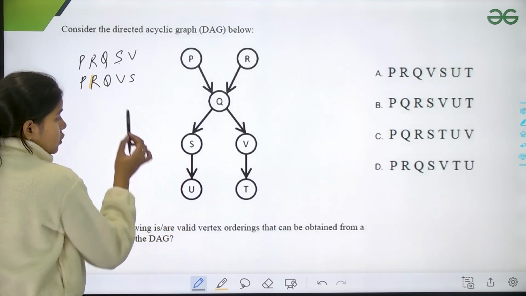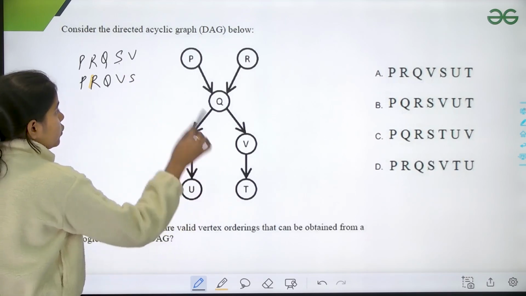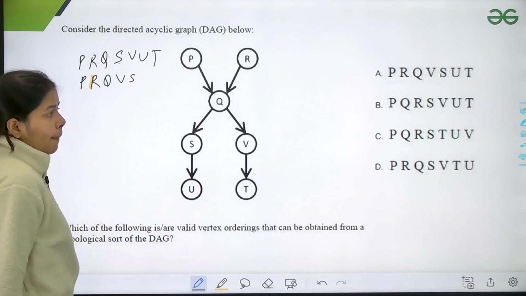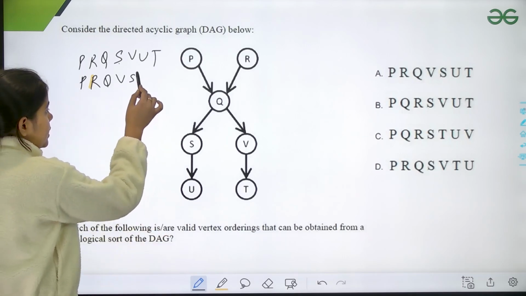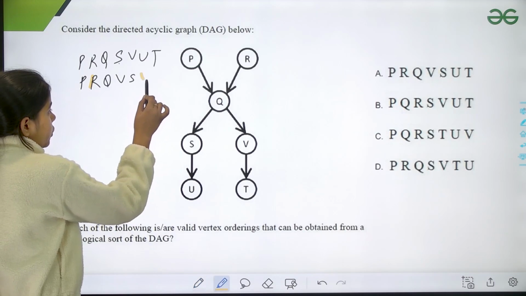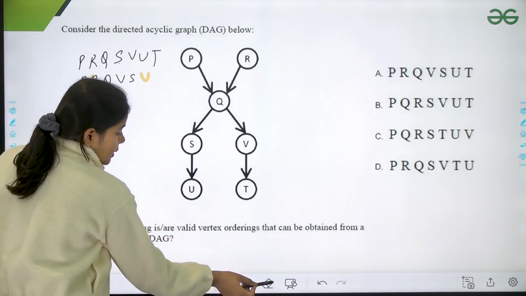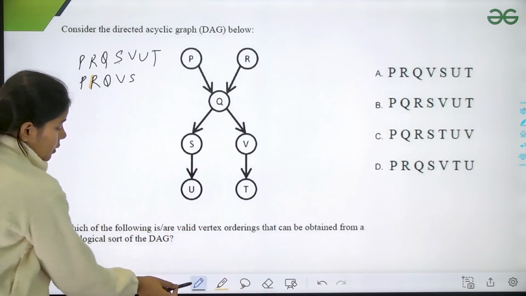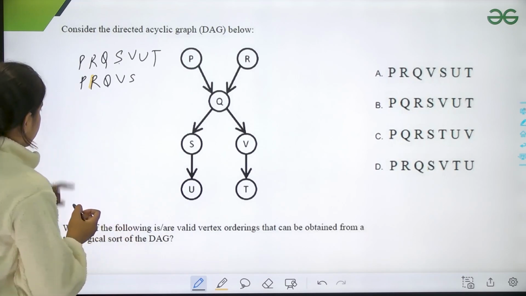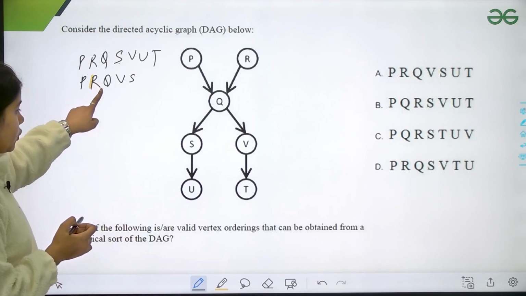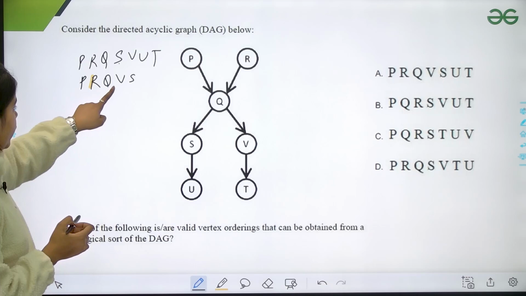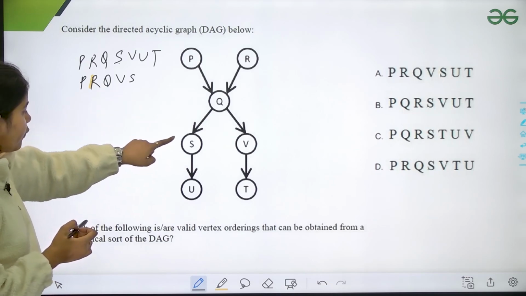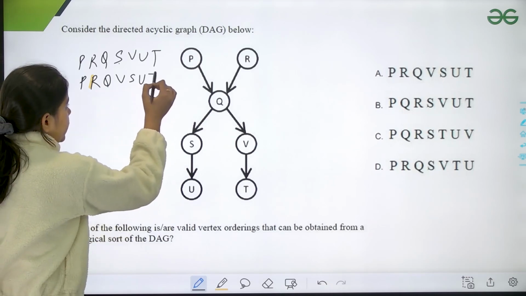Then from S to V, then I can move to U, and then I can move to T, right? Similarly, P, R, Q, V, S, right? We have moved from V, S. Now from S to U and then T.